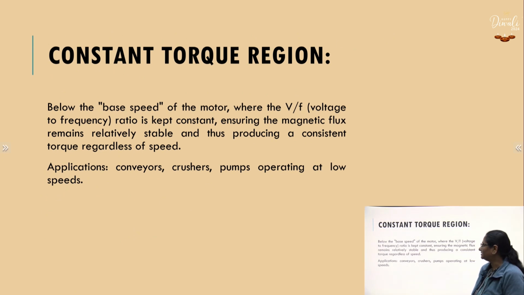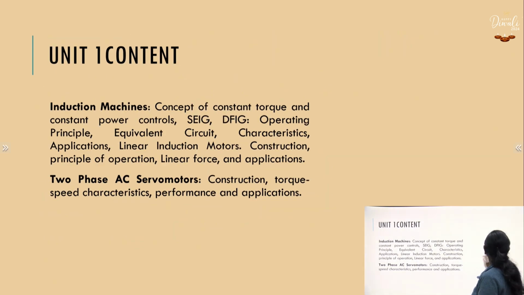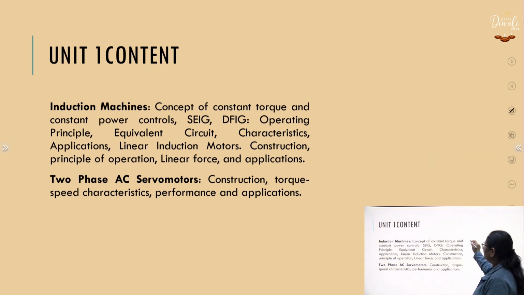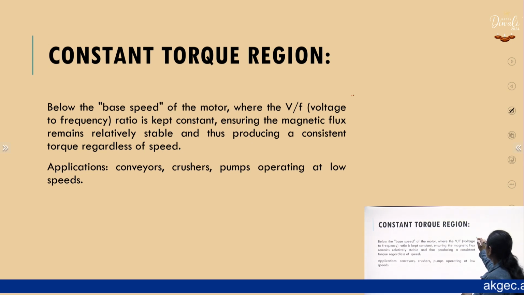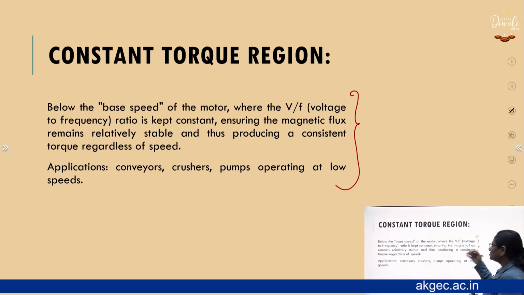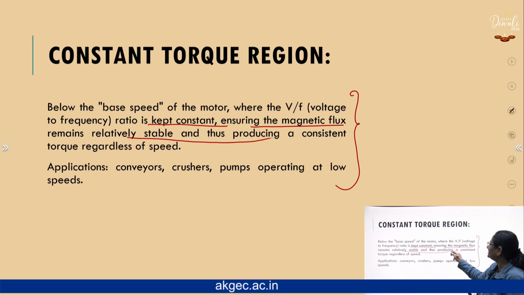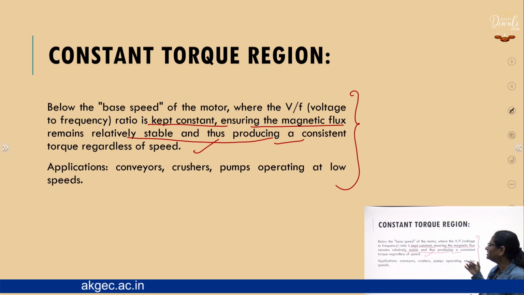Constant torque region, as I told you, is below the base speed of the motor where V by F, the voltage to frequency ratio, is kept constant, ensuring the magnetic flux remains relatively stable and thus producing a consistent torque regardless of the speed of the motor.